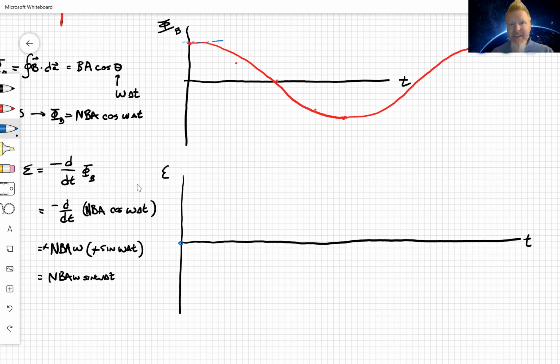By the time I get to here, as I go down through the quarter cycle, it's tipping, tipping, tipping, and it reaches its maximum slope right as it goes through the 0 point of flux. So right at this point, I should be generating maximum EMF in the loop, like that. And then it's going to go down, and by the time I get down to here at the lower extreme of flux, I'm going to be back to 0 again.